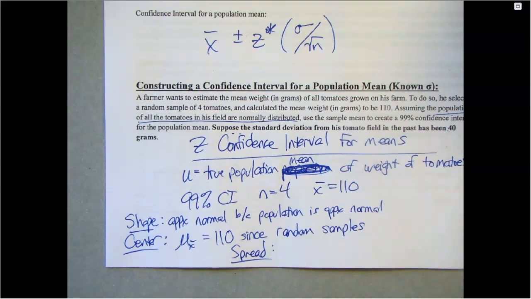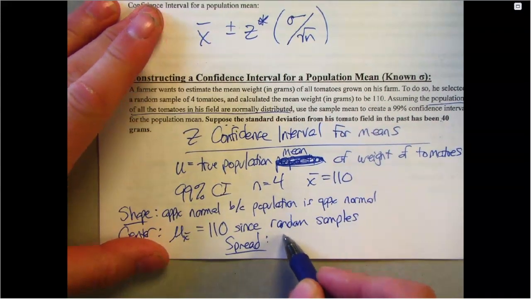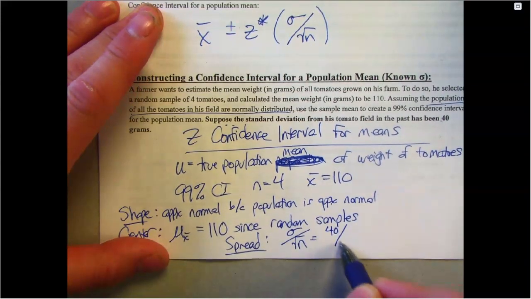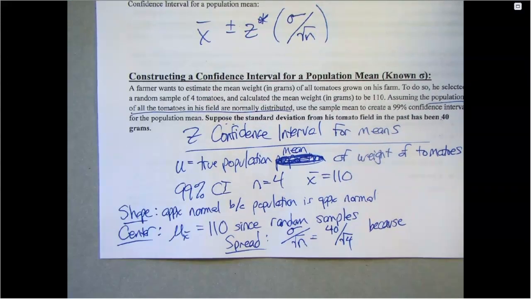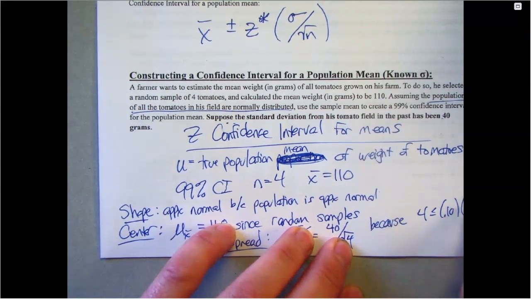And then the spread is going to be, you could say, standard deviation divided by the square root of n. You could put the numbers in and say, okay, that's 40 divided by the square root of 4. Because what's the condition here? Less than 10%. So we have to assume 4 is less than or equal to 0.1 times all the tomatoes.